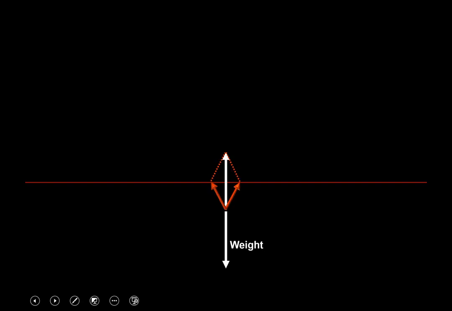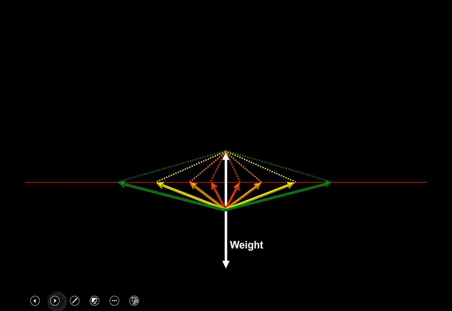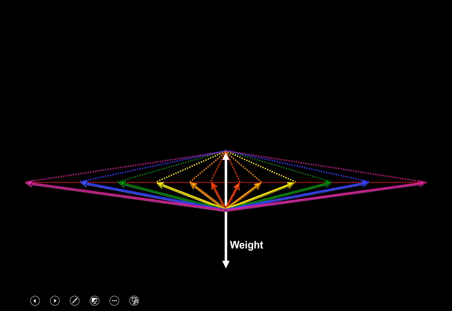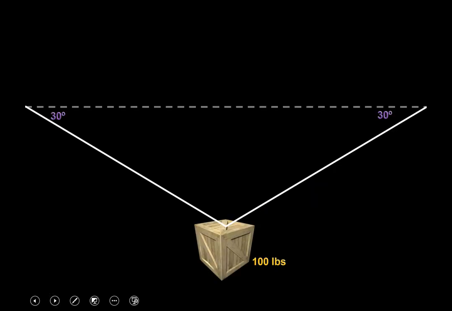But as you angle it out, your forces actually have to get bigger and bigger and bigger. So the more you angle the string, the greater the force on that string is. So honestly, if you plan on hanging something, it's better to hang it straight up and down than at a weird angle.